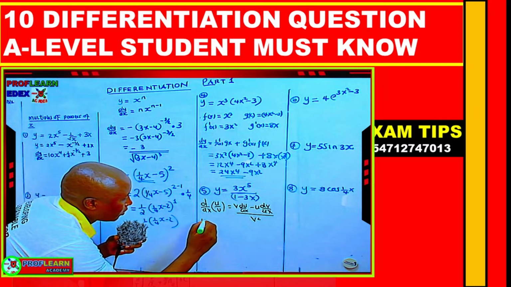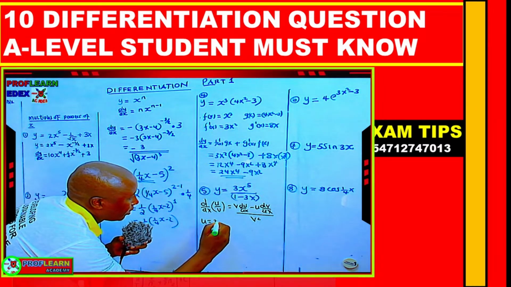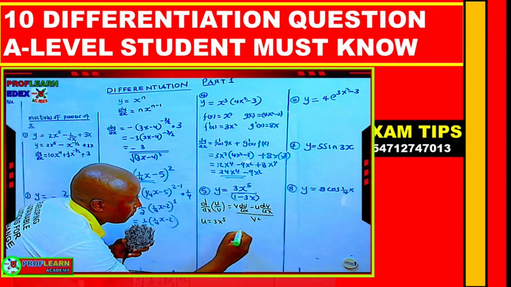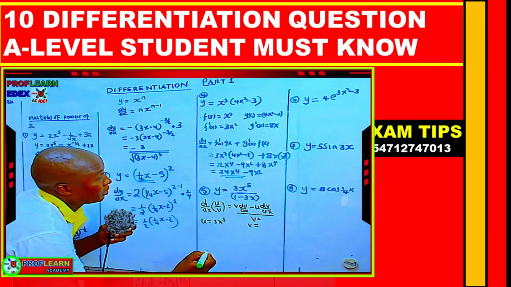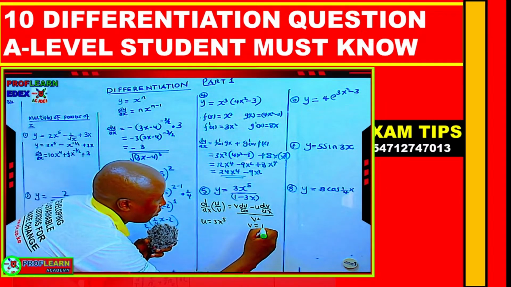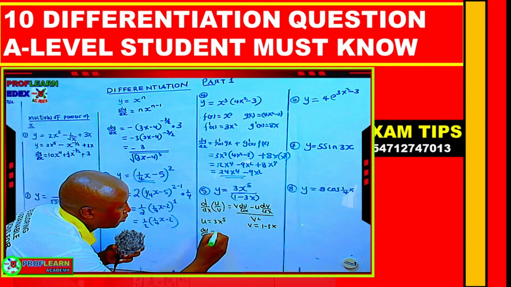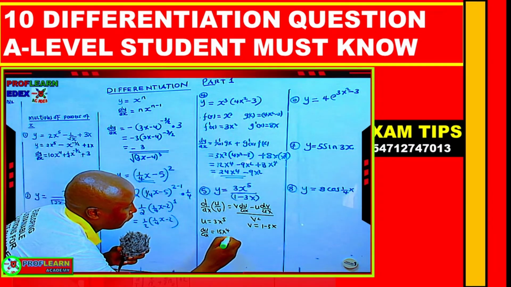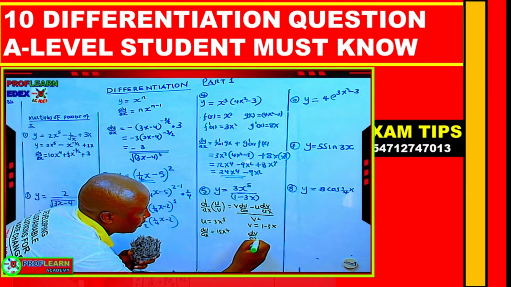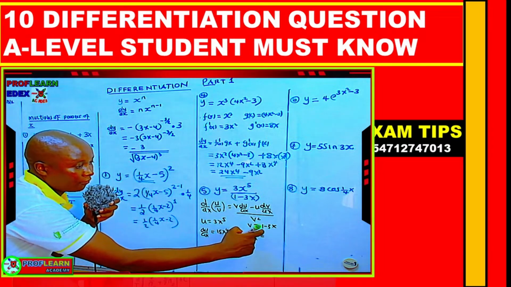So our u is actually 3x power 5, and our v is going to be equal to 1 minus 3x. So du/dx is going to be 15x power 4. dv/dx, differentiating v, we're going to get negative 3.